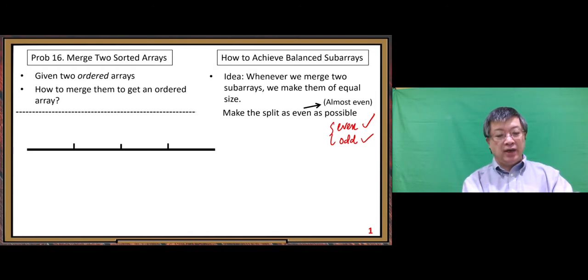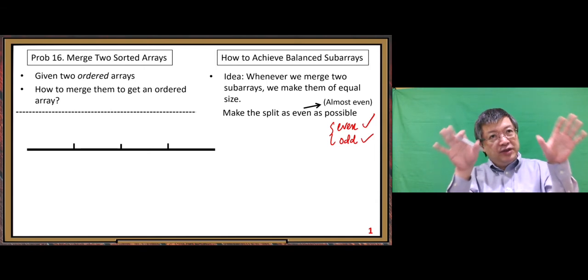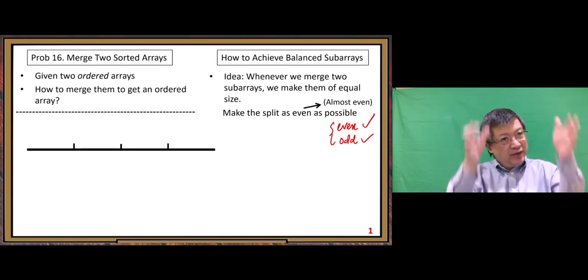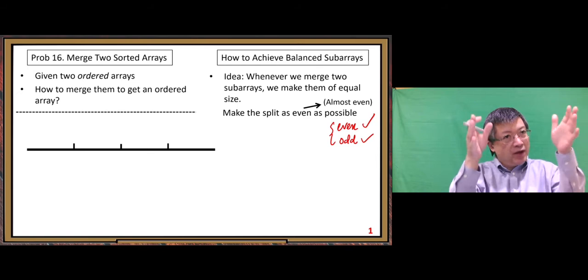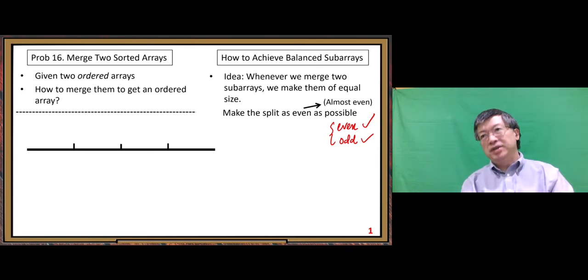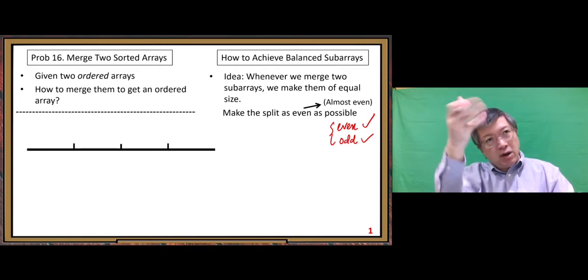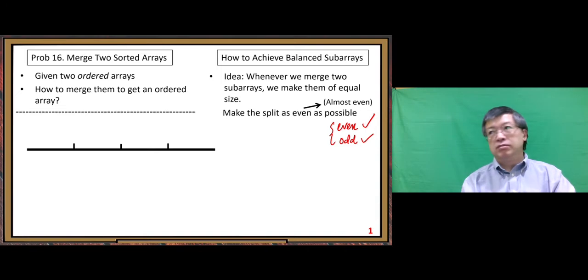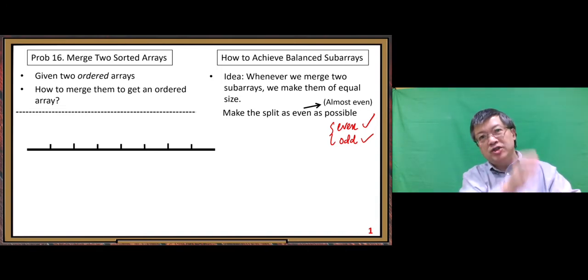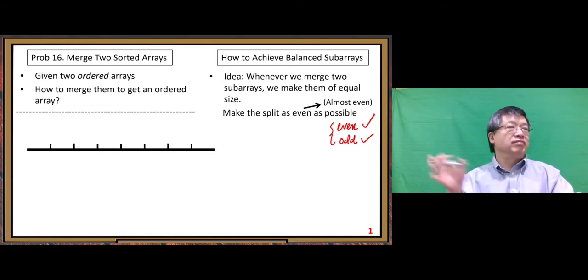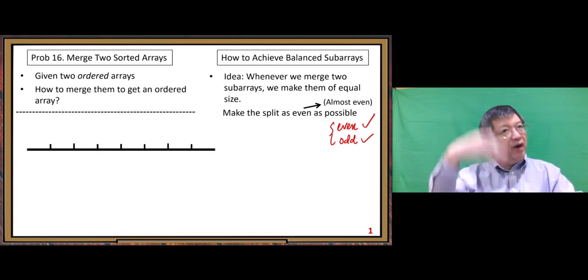Second round, for these two subarrays, we split them also in the middle and this time get 4 subarrays with almost the same sizes. And so on. Next round, split like this, on and on.